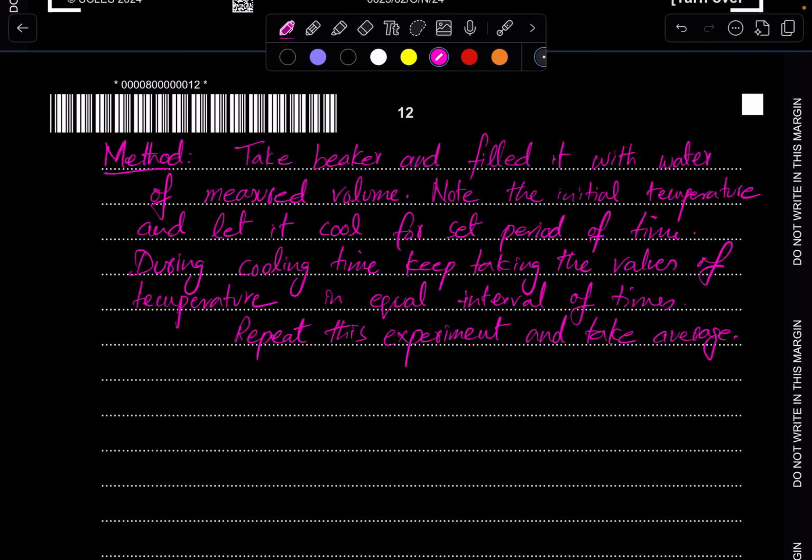This line that I'm writing down, repeat this experiment and take average, is for the additional mark. When you write this, you will get the additional mark that is allocated for this.